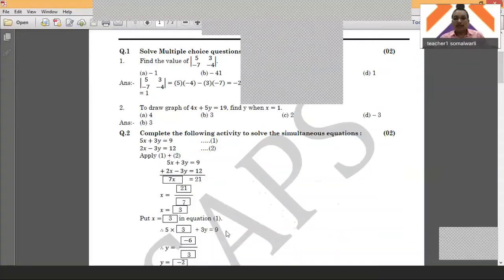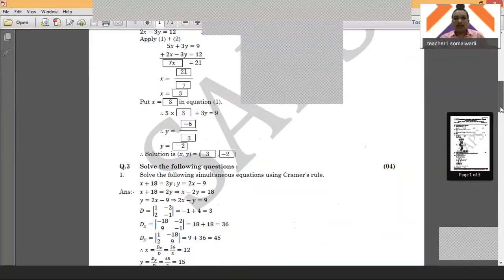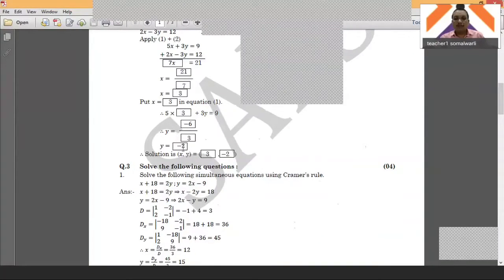So 9 minus 15 will give us minus 6. So the value of y will be given by minus 6 upon 3, and minus 6 upon 3 is equal to minus 2. And hence the solution is x is equal to 3, y is equal to minus 2. To write the solution in standard form, it is (x, y) is equal to (3, minus 2).